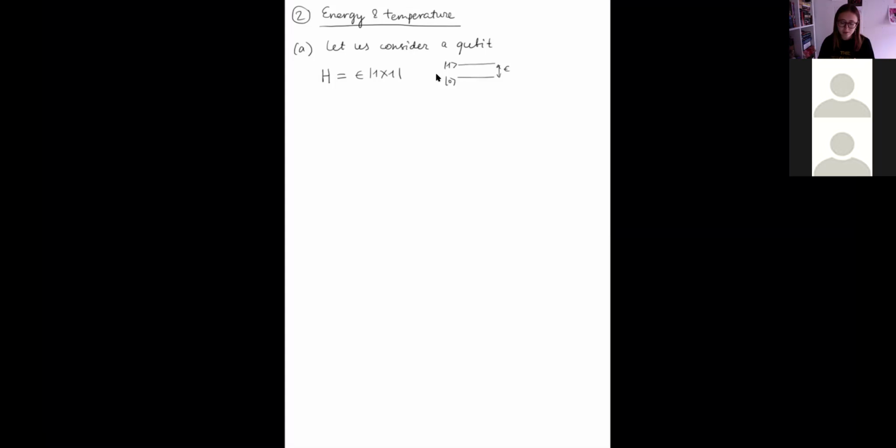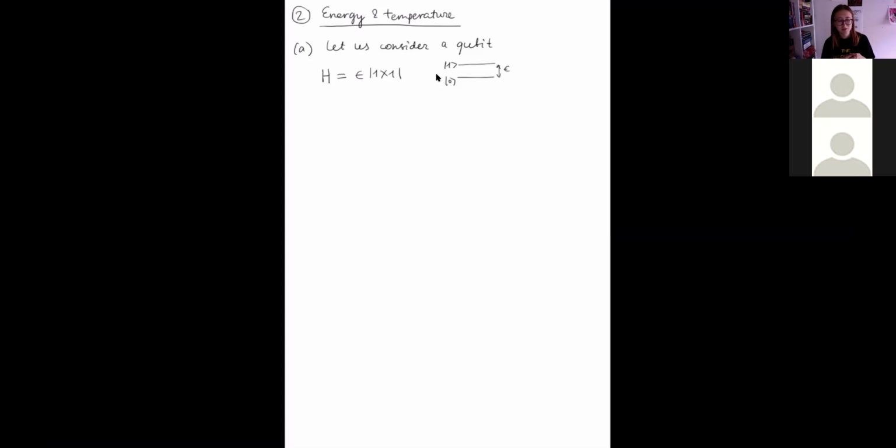So what we would expect the distribution to give us, especially given the Boltzmann distribution, is that the population of the energy level corresponding to the state 1 is exponentially lower than the population of the level corresponding to 0.